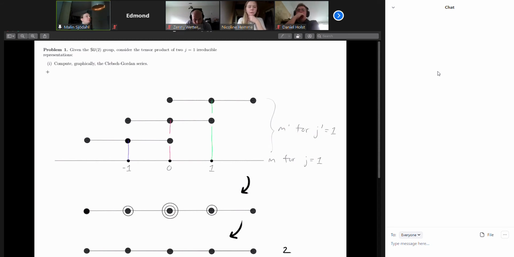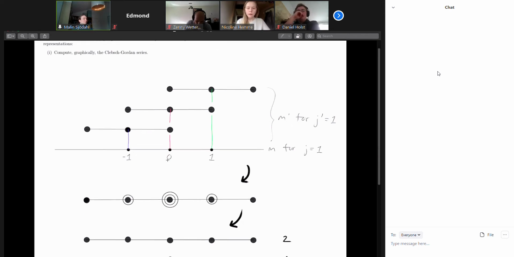Okay. So the problem was we have an SU2 group and consider the tensor product of two j equals 1 irreducible representations, and then we have to compute the Clebsch-Gordan series graphically. So I start here by drawing a line down at the bottom for the first j equal 1, and then I draw the three different j prime equal 1, where I center the zeros around the values down for the first j.